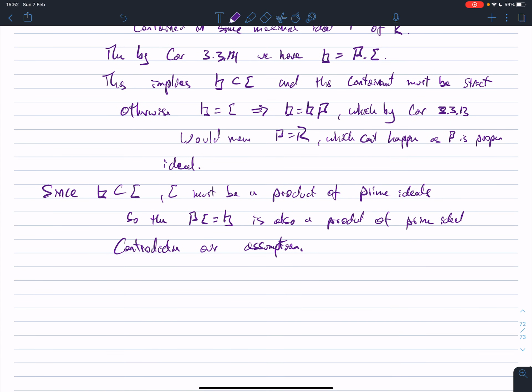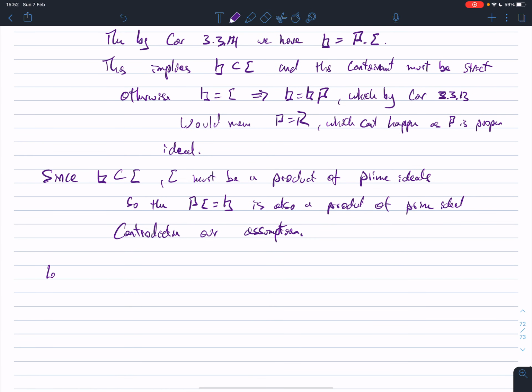Now let's just check that this representation is unique. So lastly, let's prove that the representation is unique. When I say representation, I mean the representation as a product of prime ideals.